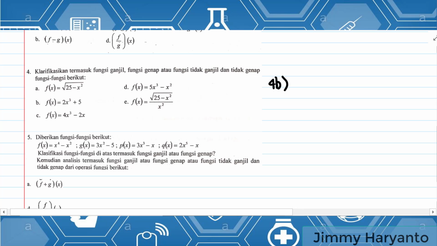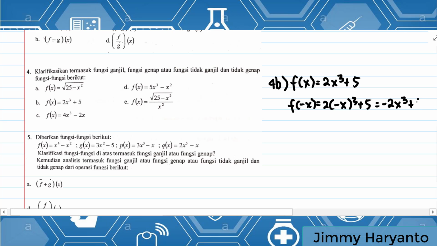For B, you will have f(x) equals 2x cubed plus 5. First, you have to find f(negative x). That means you have to change the x into negative x, plus 5, and then simplify that into negative 2x cubed plus 5. For the third one, you have to find negative f(x).